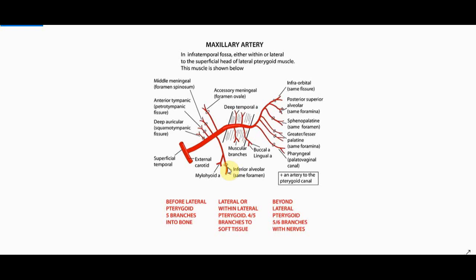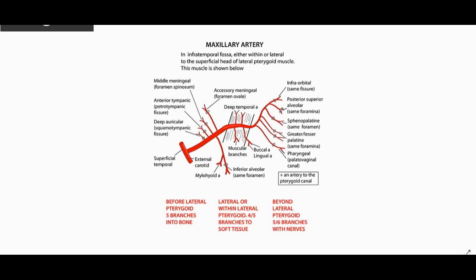So let's start with the inferior alveolar. There's something known as the mandibular foramen, right? I'll basically show that one to you. Right, so let's talk about the foramina, starting with the deep auricular and the anterior tympanic, both of which are named after the ear.